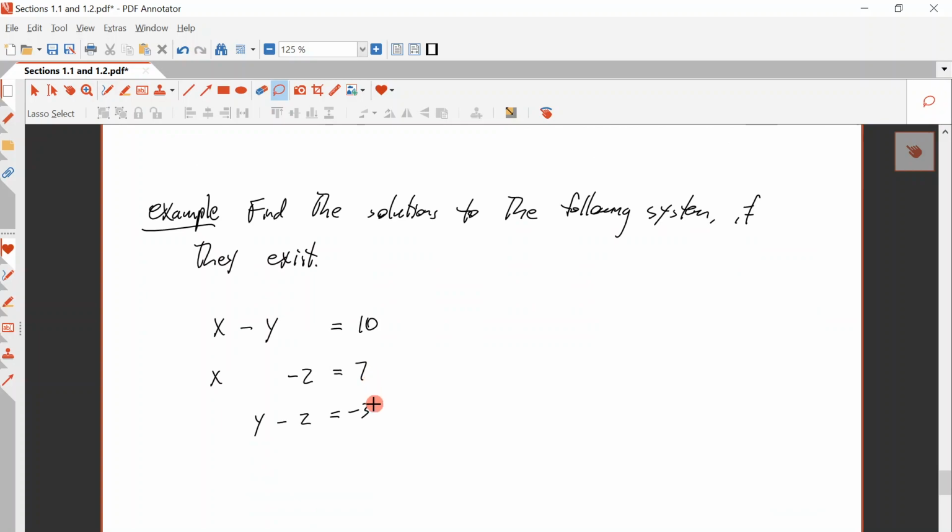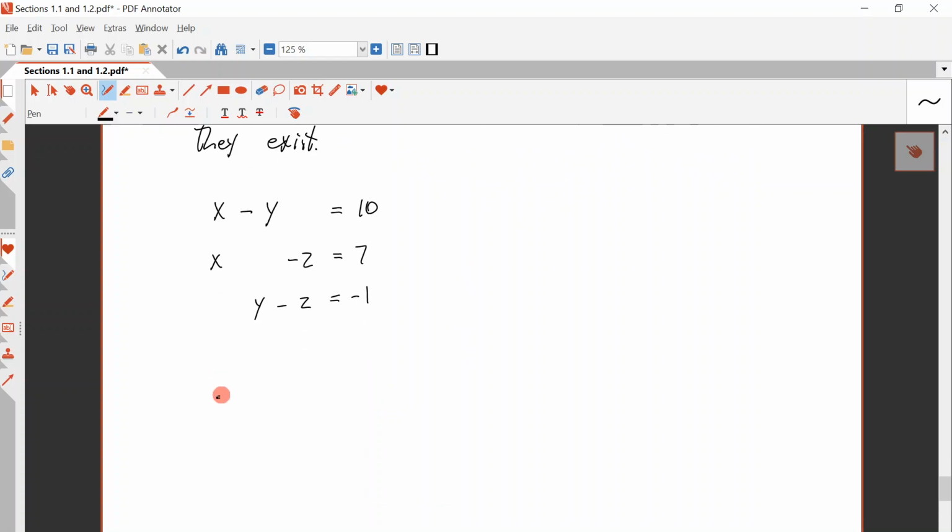So what I'm going to do is change this here to let's just put a -1. All right, so we put it in matrix form: 1, -1, 0, 10; 1, 0, -1, 7; and 0, 1, -1, -1.